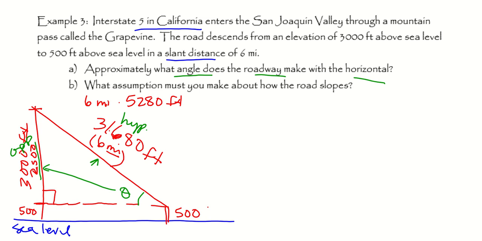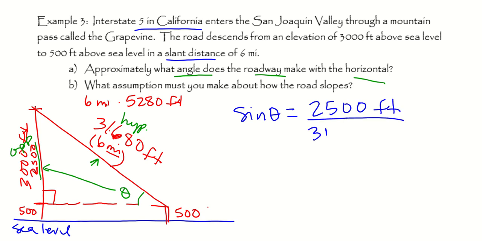So I would have that the sine of theta equals the side opposite theta, which is 2,500 feet, divided by the hypotenuse, which is 31,680 feet. Again, my feet divide out, which is good because my sine is just a pure number. I want to solve for theta, so I'm going to take the inverse sine of both sides.